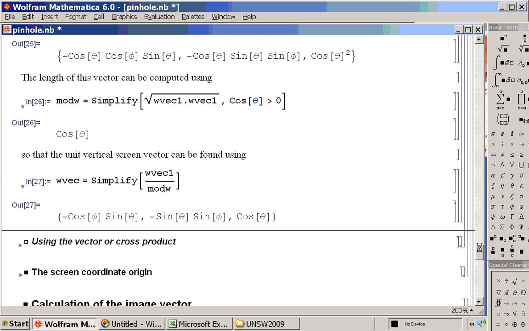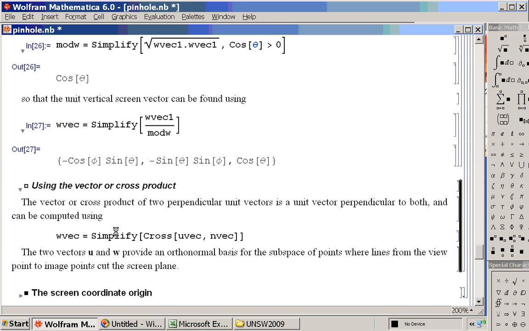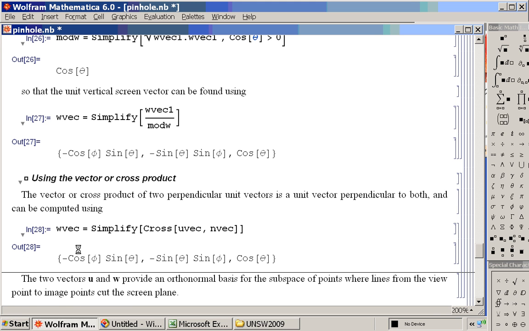The other way of doing it is just by taking the vector product of the horizontal screen axis vector with the camera axis vector using this, and we can see that that gives exactly the same answer as the Gram-Schmidt method.